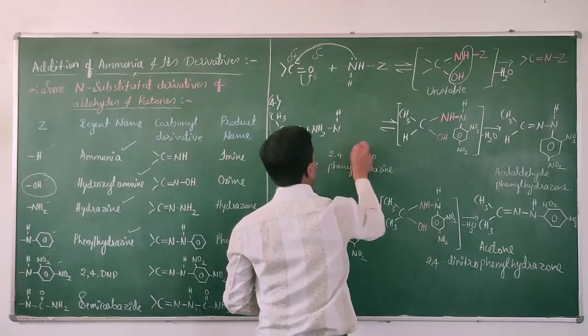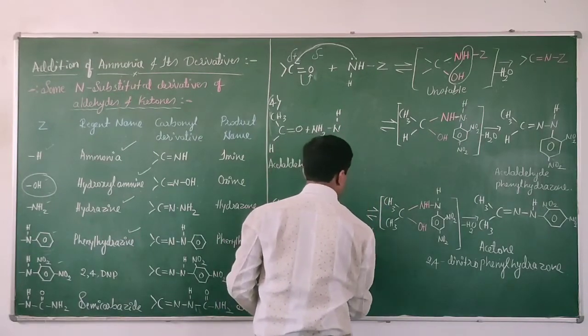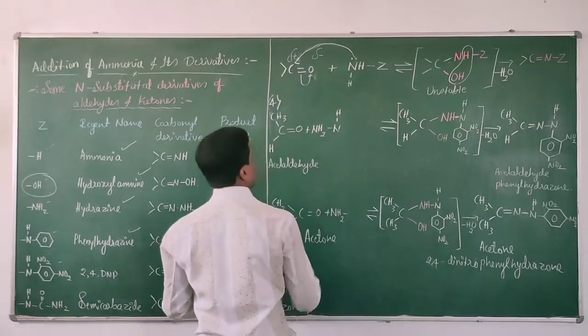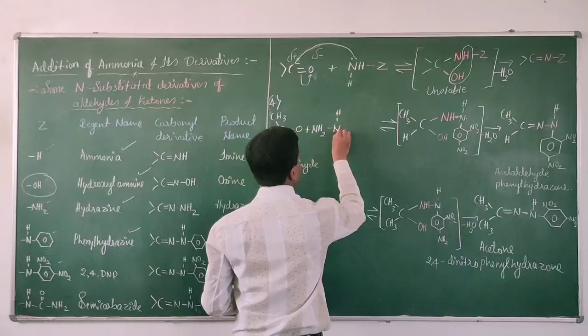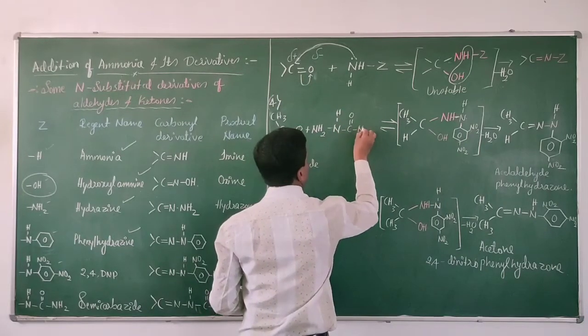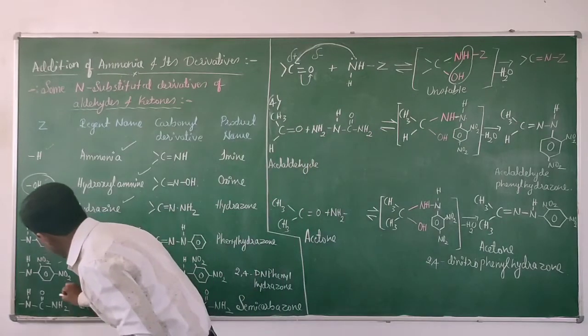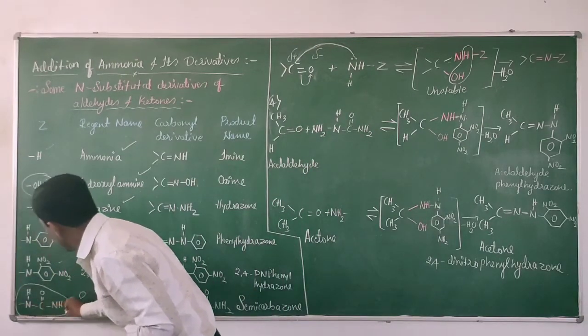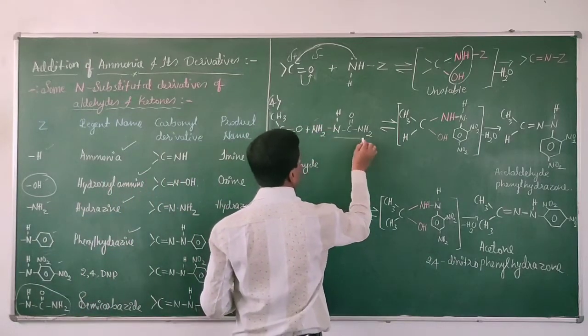Same, whenever this one, look at that, CONH2. This is Z now. This is the Z. Look at here. This is the Z part. Z part only. NH2 already. This is the Z part.